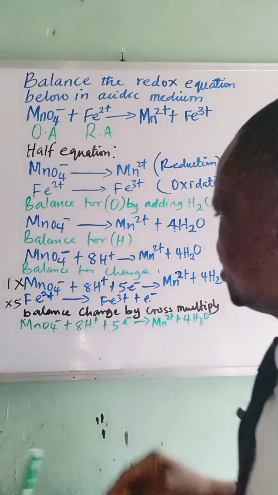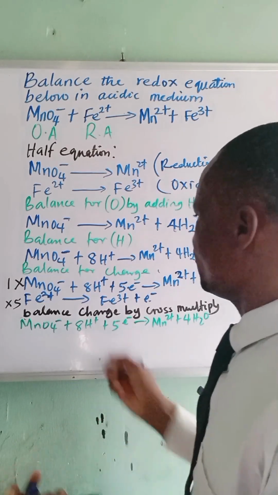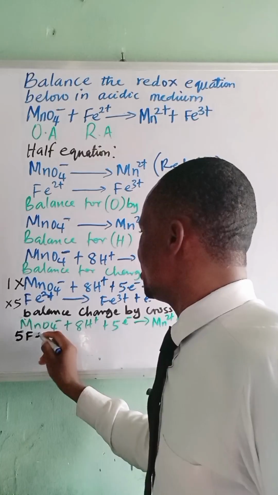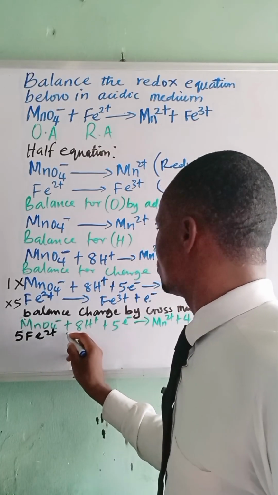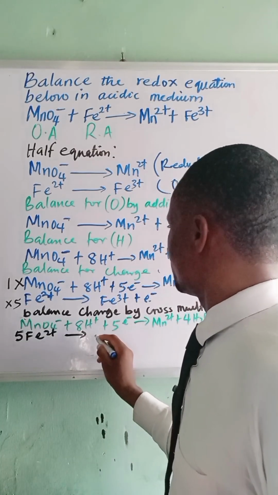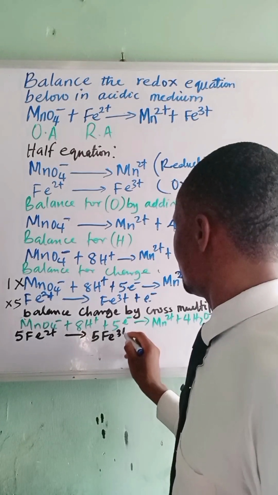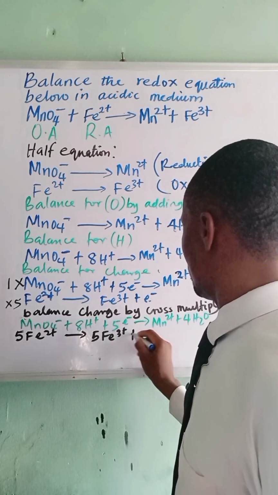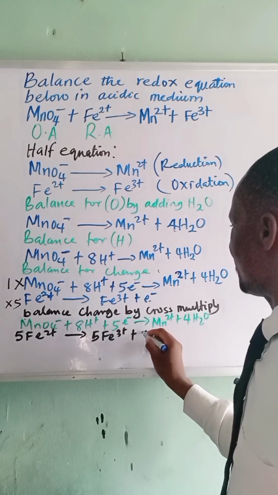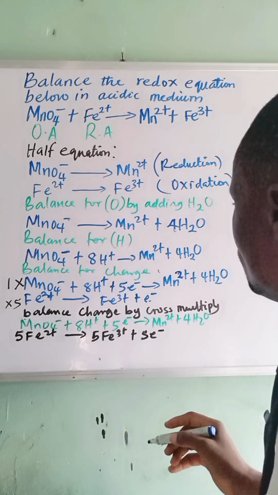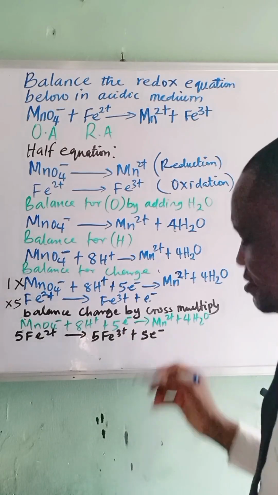Then for this, 5 times this will give us 5Fe2 plus to give us 5Fe3 plus and 5e minus.